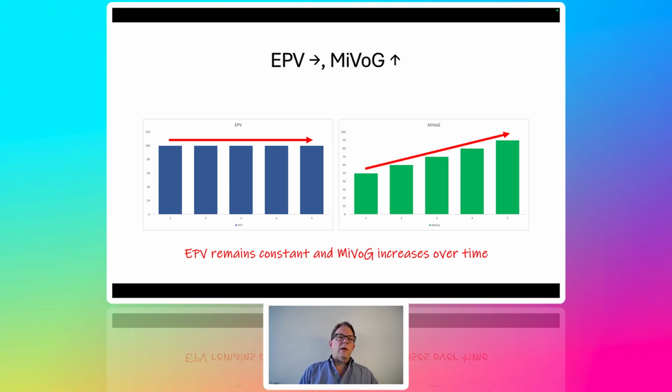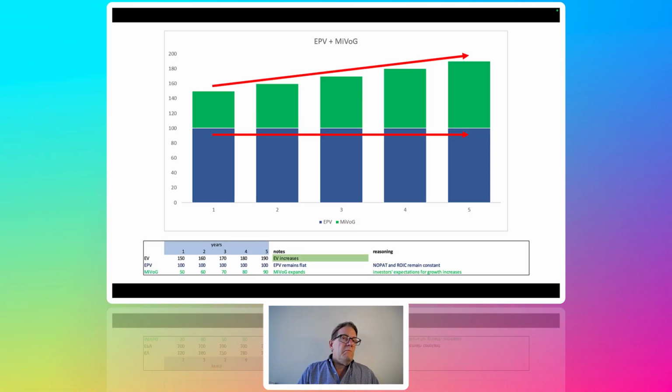And so your market implied value of growth is the source of all of your stock price appreciation. So investors are getting more excited about the future growth prospects for the company. Interesting, even though earnings are flat. I'm going to do a case study on Apple in a couple of weeks, and this is Apple, frankly. The stock went up mostly because green went up, not because of blue. All right, but that still increases the stock price.